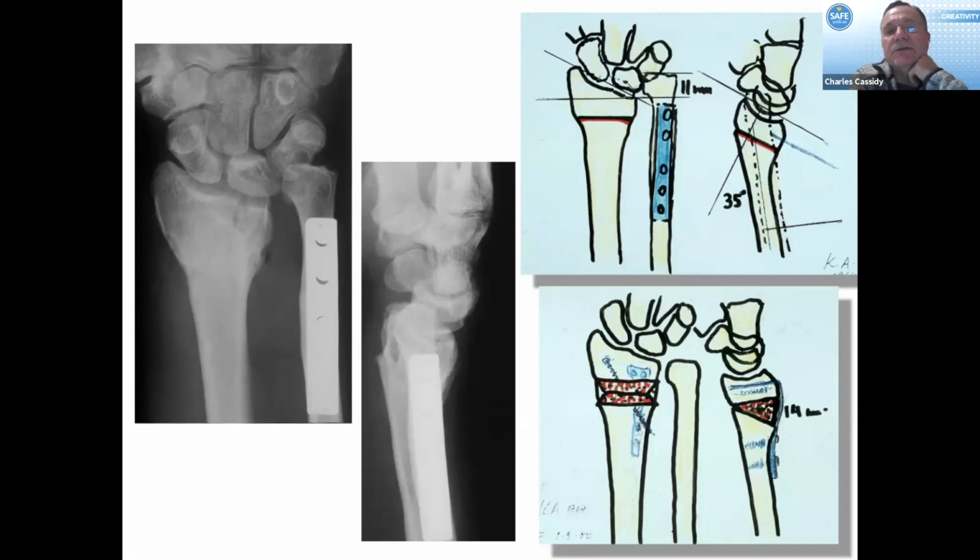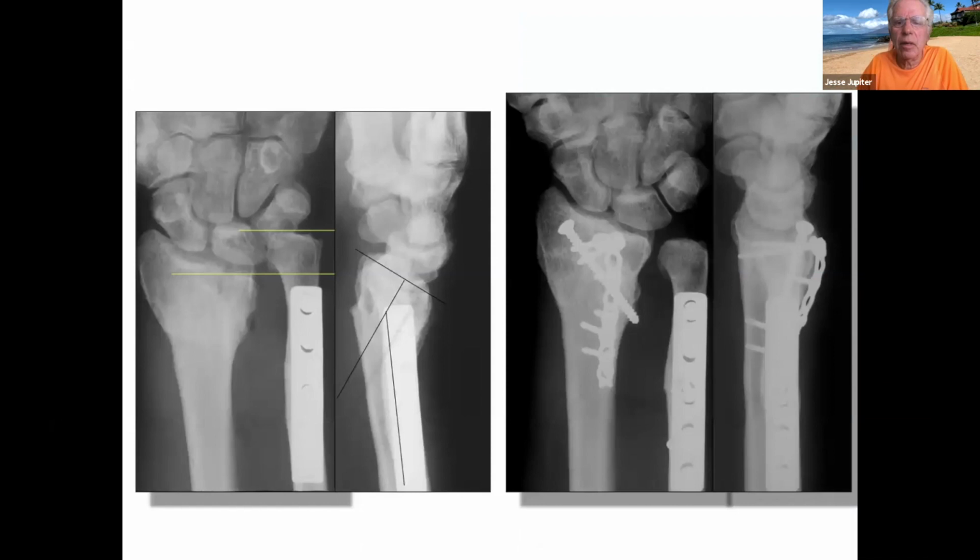You can use a laminar spreader like you had shown before and gradually stretch it out, or even if you gap it, you could wedge an osteotome in perpendicular to the shaft, keep it open, and then just cut the periosteum through the volar incision carefully. Yeah. Okay. So let's see here.